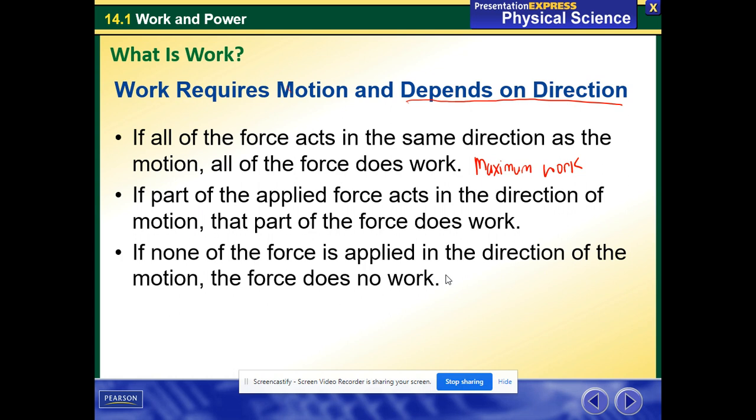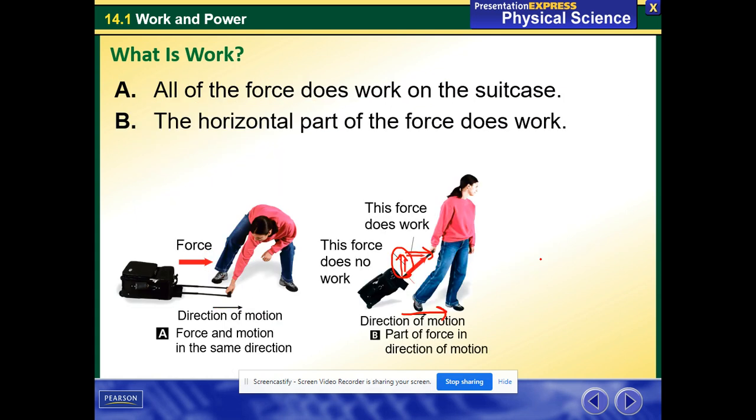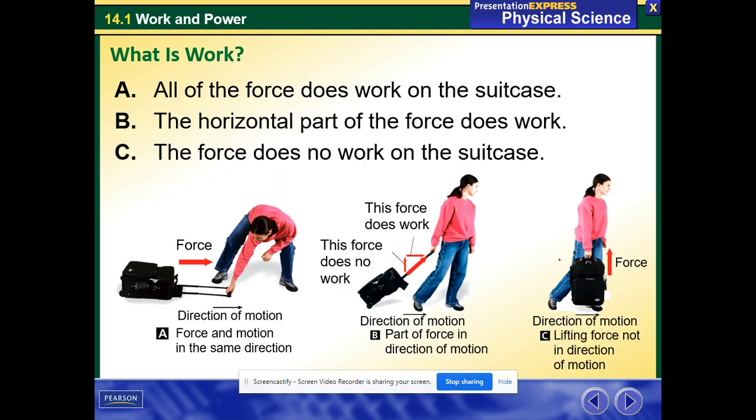And the last one says if none of the force is in the direction of motion, then you have done absolutely no work on that object. And the best example I can give you of this is when we carry things. If we go back to our suitcase example, she is pulling up or lifting up the suitcase.